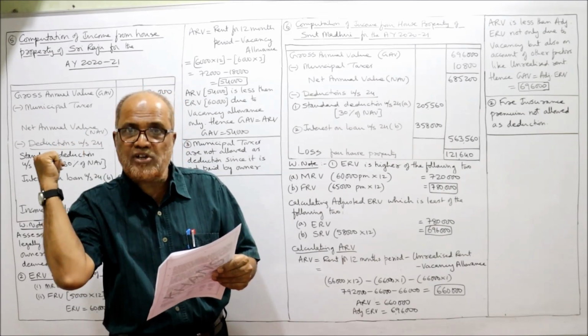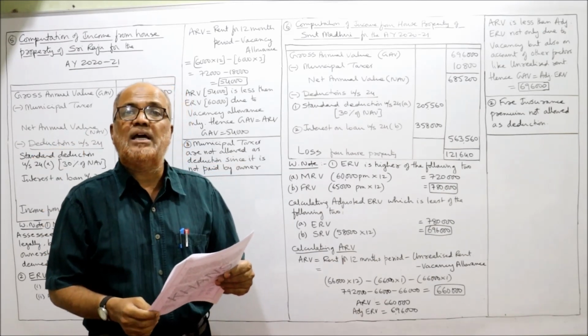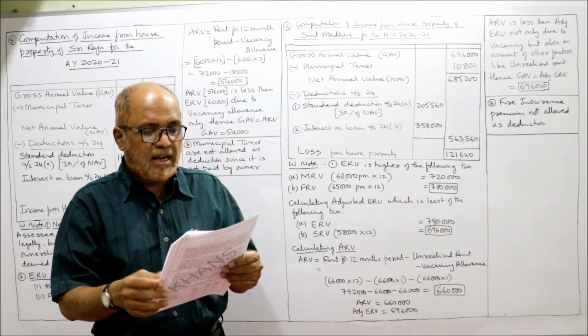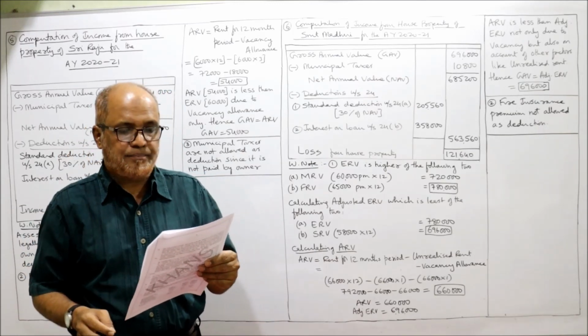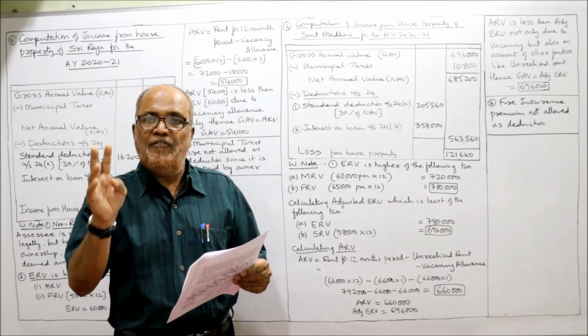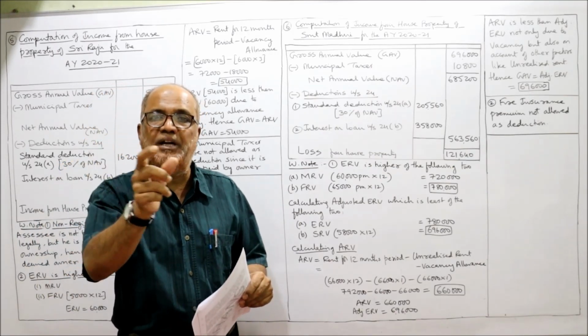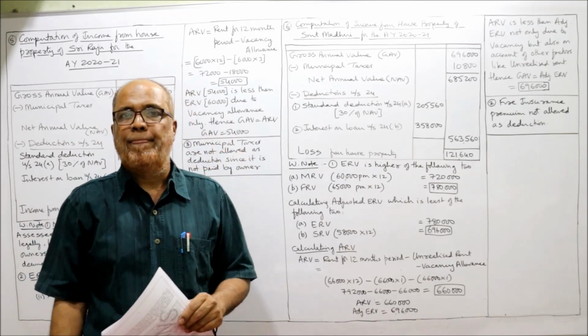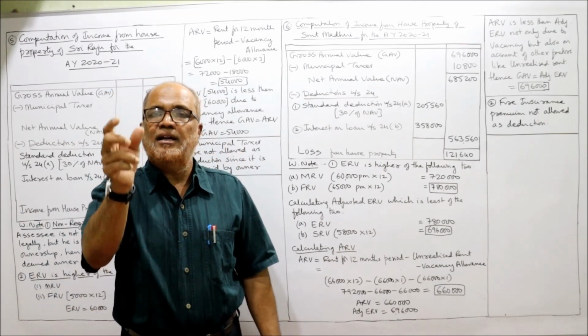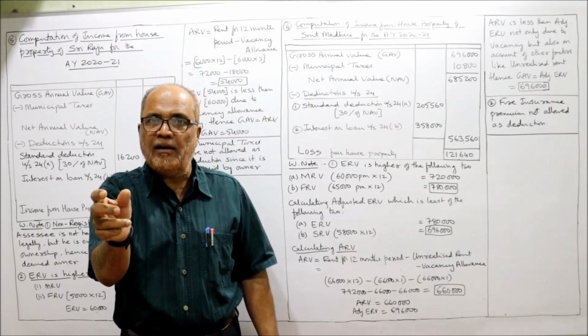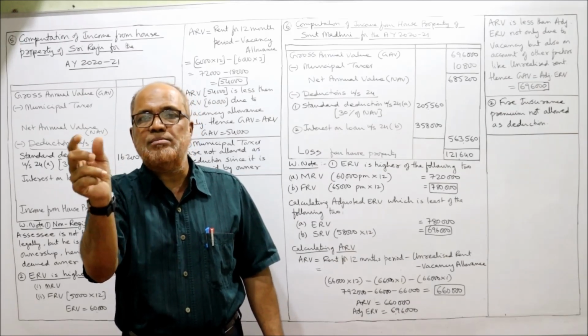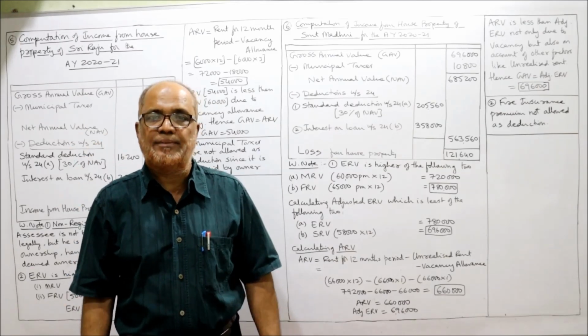Again, just like the previous problem, here also we have vacancy allowance of 1 month and unrealized rent of 1 month. So two things are there, vacancy allowance and unrealized rent. Both should be deducted for calculating ARV: take the rent for 12-month period minus vacancy allowance minus unrealized rent.